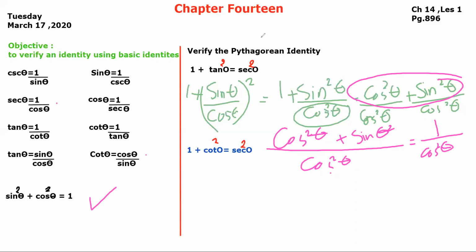Then 1 over cosine is a secant. So 1 over cosine squared is secant squared. So this is the first Pythagorean identity, that 1 plus tan squared of theta equal secant squared of theta.